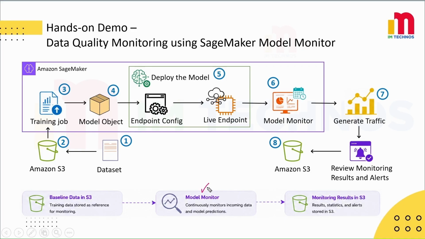During each run, it compares the recently captured production data against the baseline statistics and constraints that were generated earlier from the training dataset. If SageMaker detects significant difference between the production data and the baseline data, it can identify issues such as data quality problems, data drift, or constraint violations and generate monitoring reports in Amazon S3.